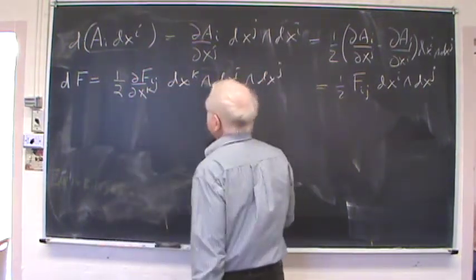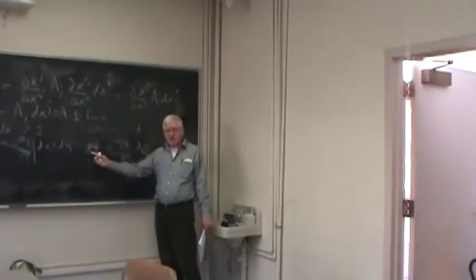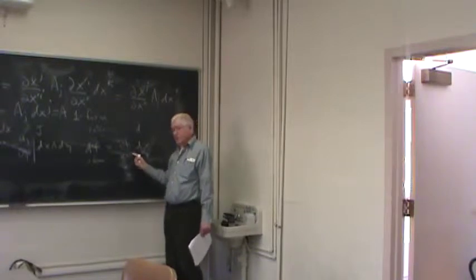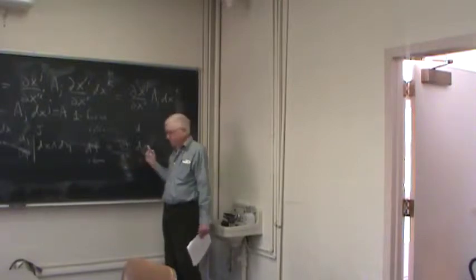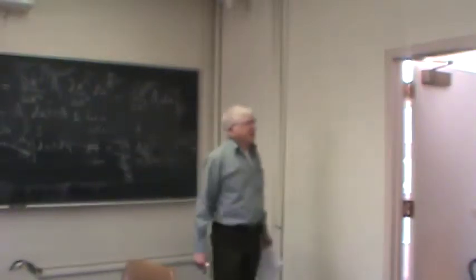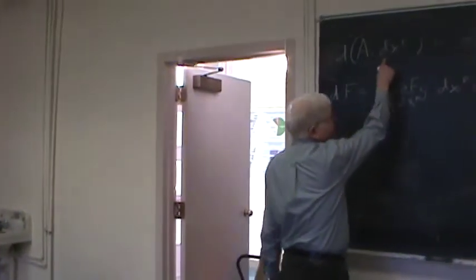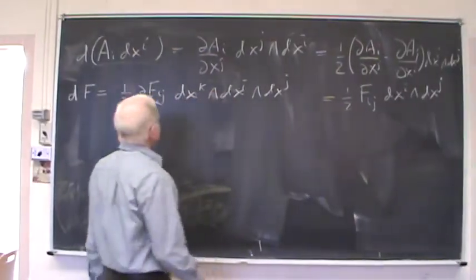By the way, when you do this, this exterior derivative, when it hits the zero form, you sum over all the coordinates. So it would be 0 to 4 in the normal case. It could be more or fewer. And when it hits the one form, it sums over j from 0 to 3.